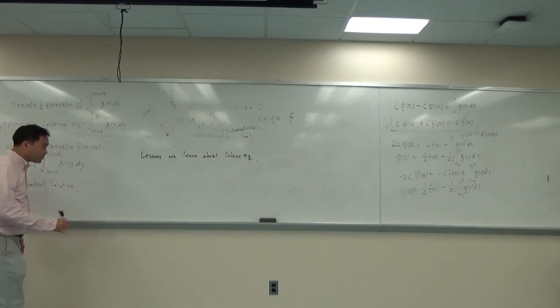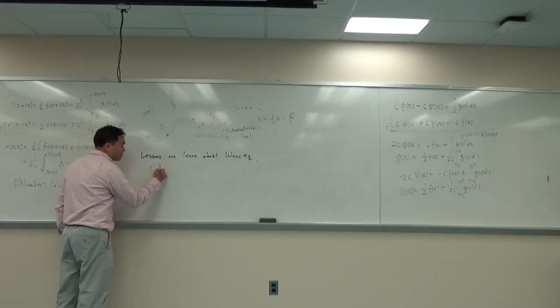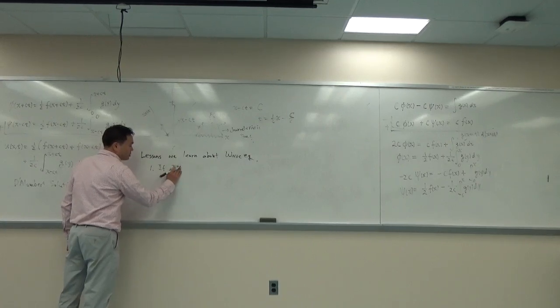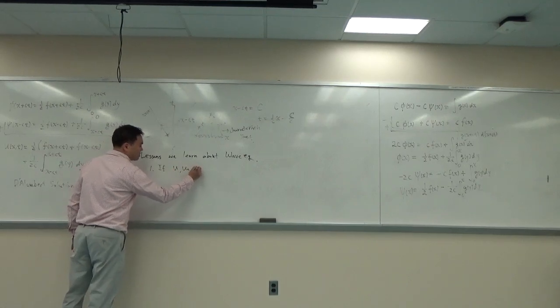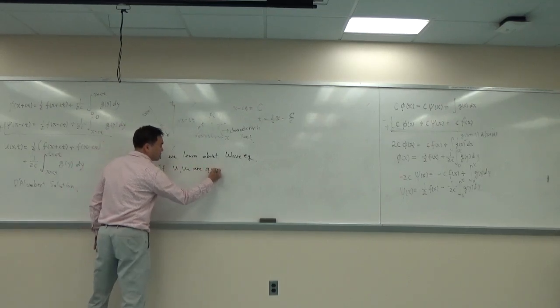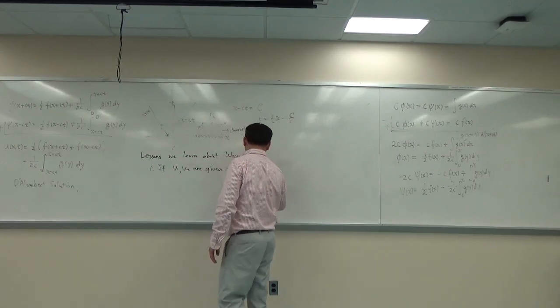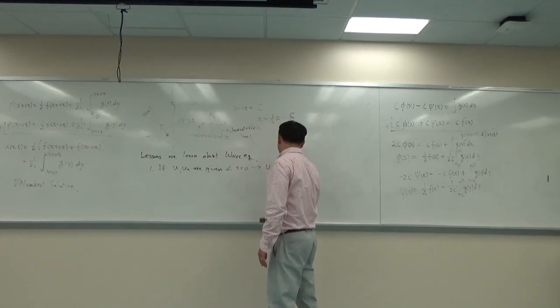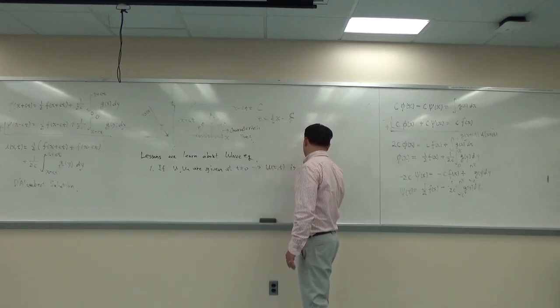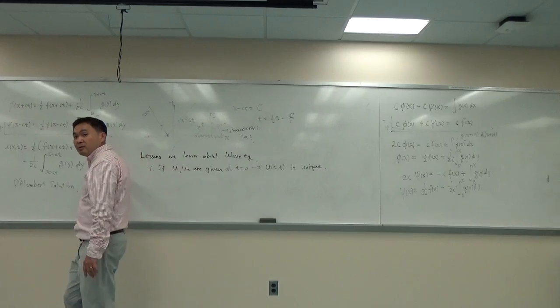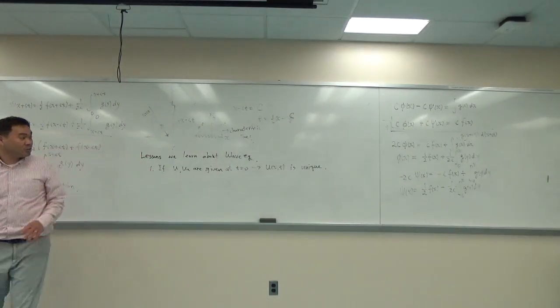First, if the initial values u and u_t are given at t equals 0, u(x,t) is unique. There's only one solution for it, right? You have a unique solution. So this is uniqueness.